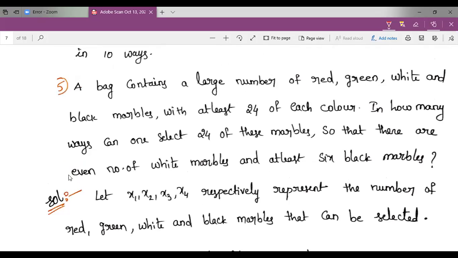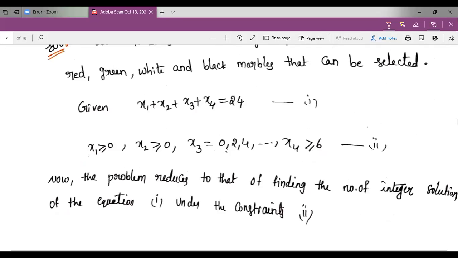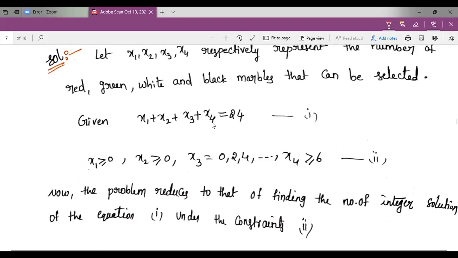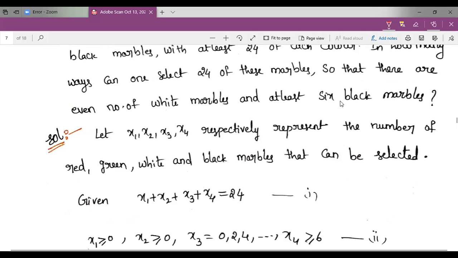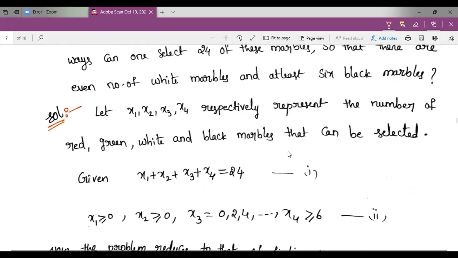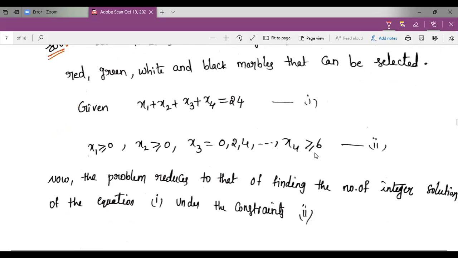So x3 is equal to 0, 2, 4 and so on. And the condition for black marble is at least 6, which means not less than 6. So x4 is greater than or equal to 6. These are the given conditions for taking the marbles from the total marbles.